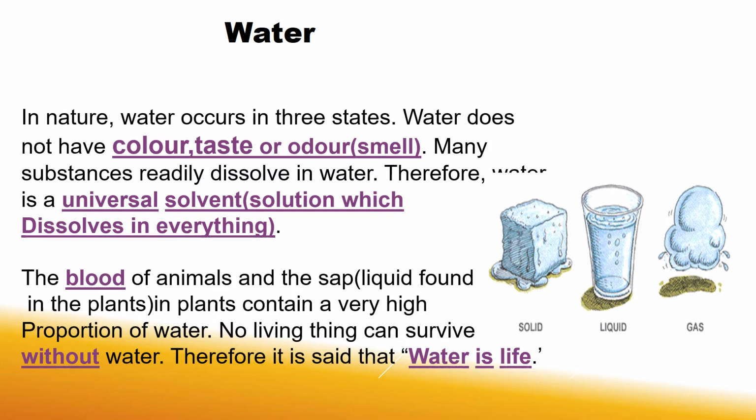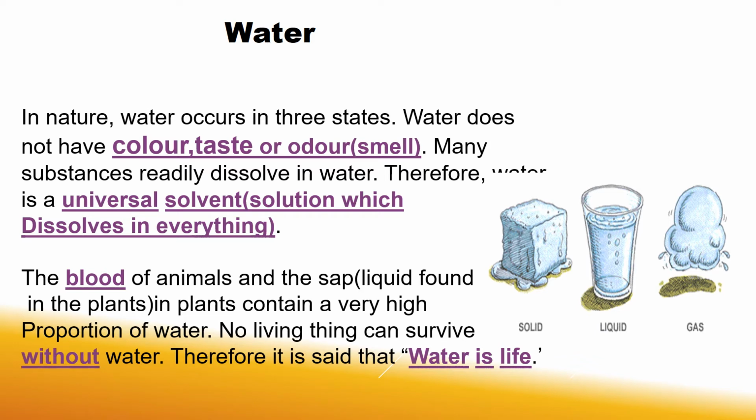When you break a leaf from the plant, do you see some liquid coming out? Yes. So, the liquid that is found in the plants is called the sap. The blood of animals and the sap in plants contain a very high proportion of water.